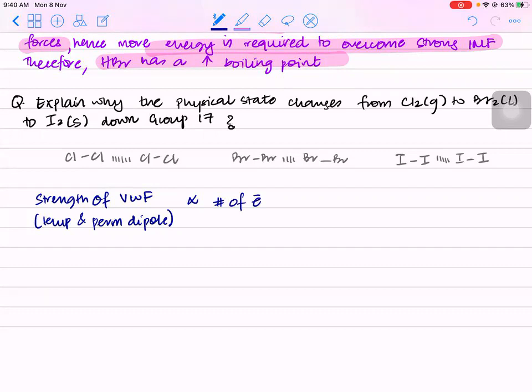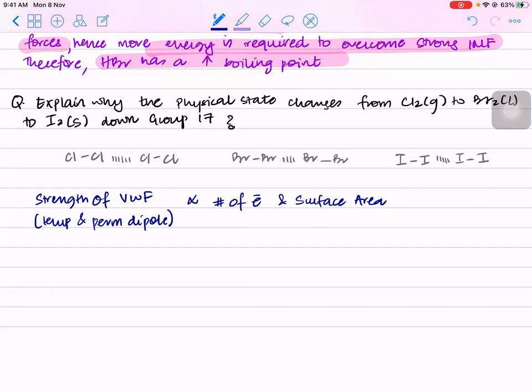So the strength of these intermolecular forces, temporary dipole and permanent dipole forces, can be determined by the number of electrons and surface area. The strength is directly proportional to the number of electrons and surface area. The more the number of electrons, the stronger the intermolecular force. Clear? And the greater the surface area, the stronger the force.